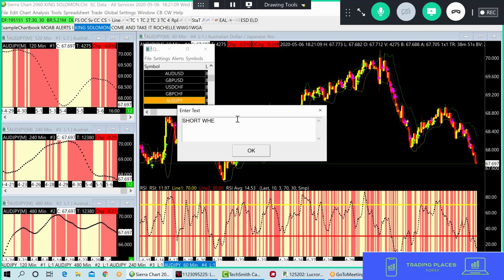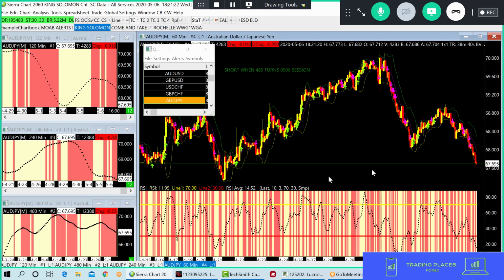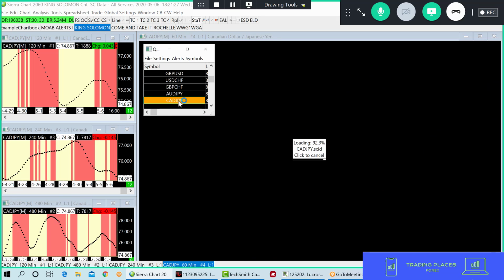Short when 480 turns. I like putting notes because I like keeping myself accountable. Let me see here. Let's go to CAD yen.